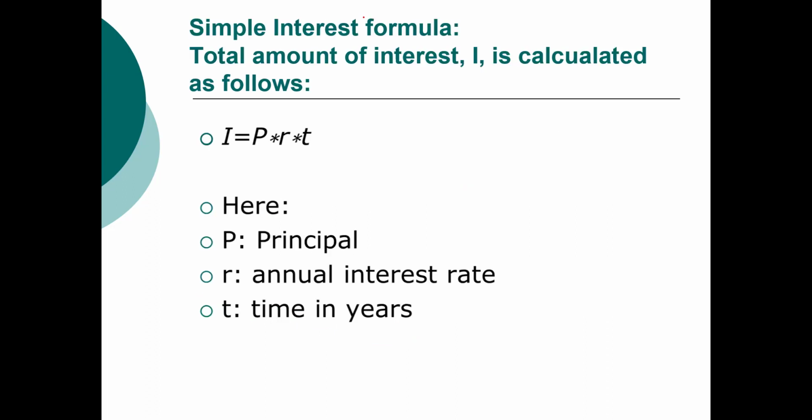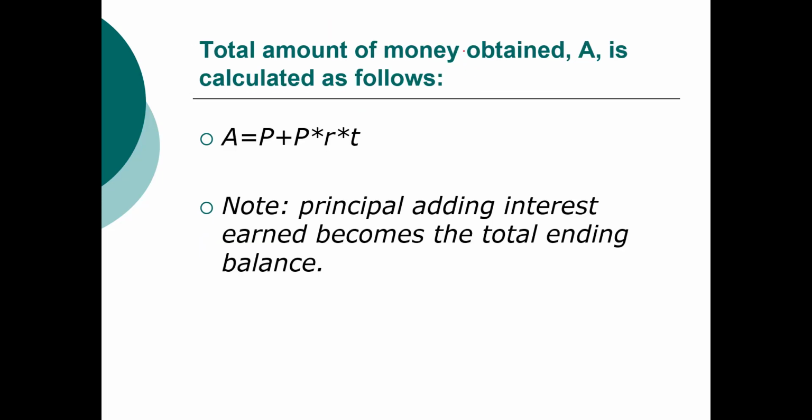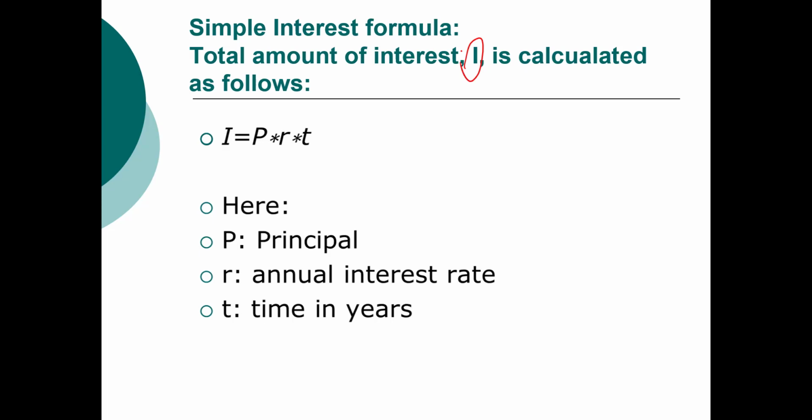If you look at the simple interest formula here, the total amount of interest I is calculated using P times R times T. Here P means principal or initial investment, R is the annual interest rate, and T is the time in years. So interest equals principal times annual interest rate times time in years.